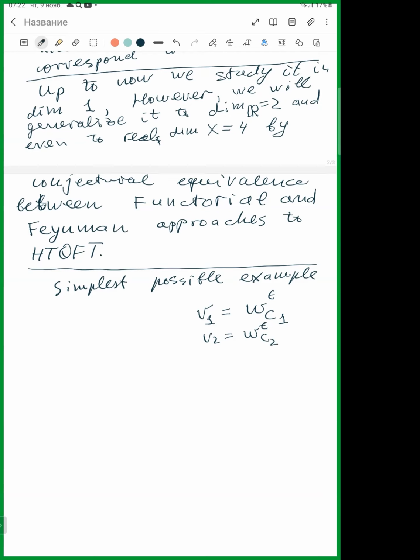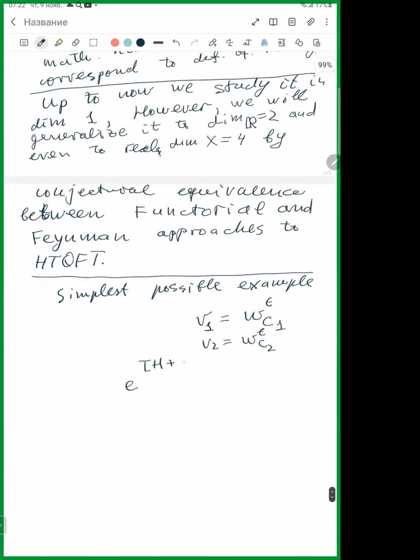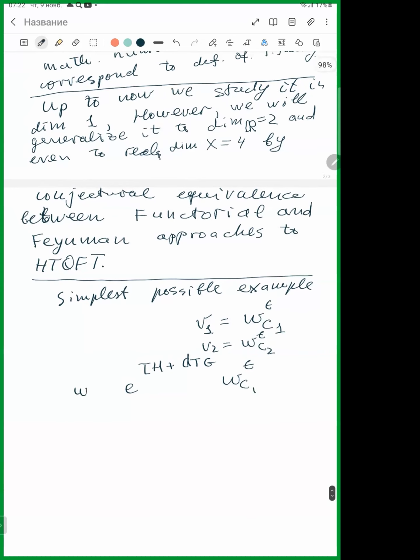And then I have this differential form. And here I have omega C1 epsilon. Here I have omega C2 epsilon.